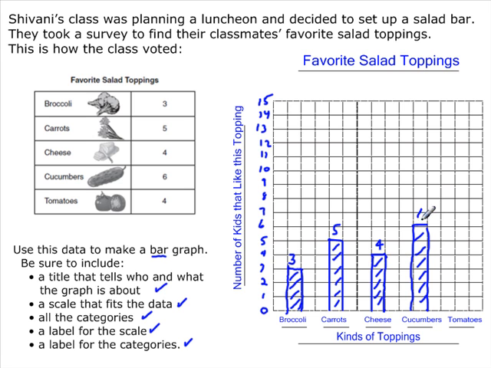Okay, so we'll label that 6. And then tomatoes goes up to 4. Shade that in like the others and write a 4 there.